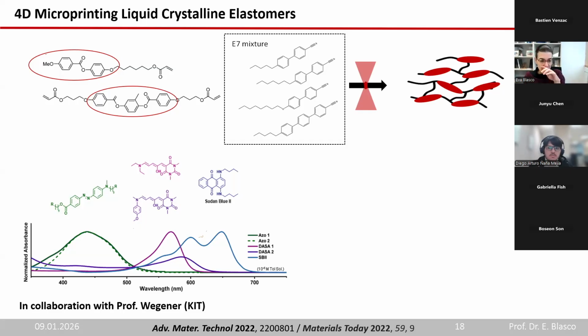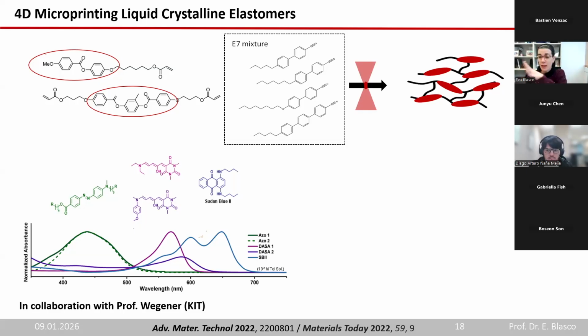But you remember that I told you that we have this solvent that is also a liquid crystal during printing. So then Li Yun came up with the idea, okay, why don't we stick to this process that is working? We have a very well-established protocol, you remember before, where we can print the solvent, and then in the development process, when we wash the unreactive material, we exchange the solvent by a dye.